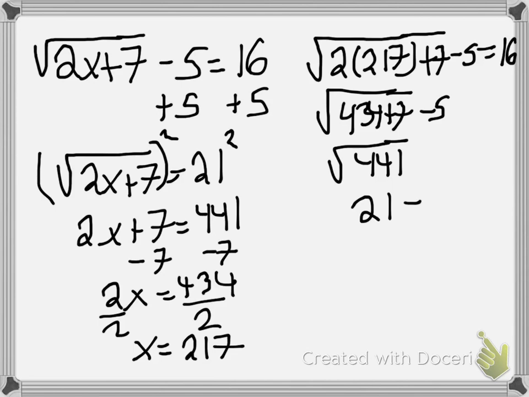So we got 21 minus 5. Does that equal 16? Does 16 equal 16? Indeed it does. Check. We'd be good. All right, so our answer is 217. Make sense? Okay. Let's move on to question number 15.